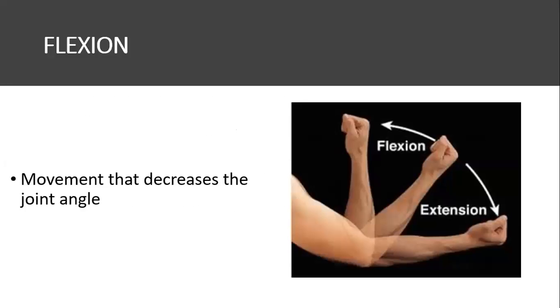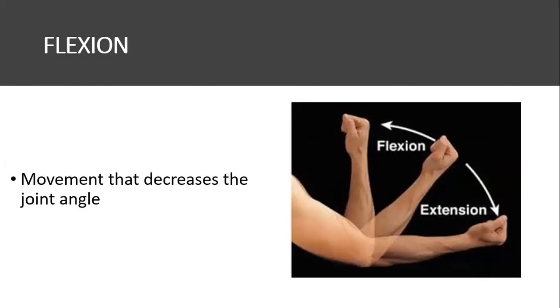So let's go through these movements. The first movement is known as flexion. Flexion, as a definition, basically means that it's a movement that decreases a joint angle. So I'm going to go through each of the joints. In order to perform neck flexion, you're bringing your chin towards your chest. Shoulder flexion, your arm is at your side, you bring it straight up above your head. That's shoulder flexion.